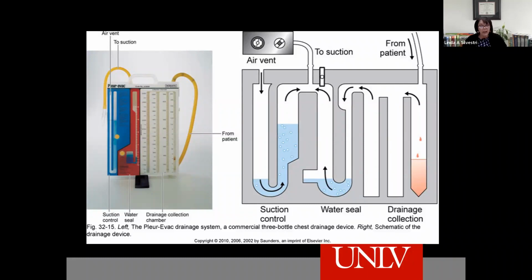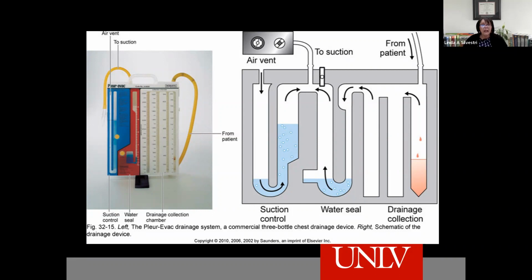So that's pretty simple. And your water seal chamber that you can see there, you're going to see fluctuations, a rise and fall of fluid in that chamber as the patient breathes in and out, okay? And that's what you want to see in a patient who has had a chest tube inserted. Now, if you don't see fluctuation in that chamber, it could mean a few things. It could mean that maybe it's time for that chest tube to come out, that everything is sealed up and that pneumothorax has resolved.